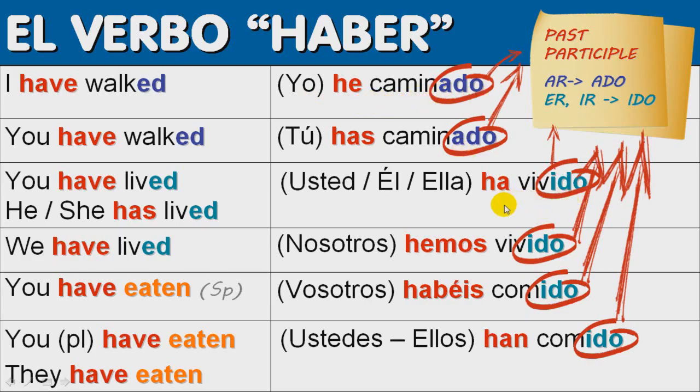If it finishes in ER-IR, we'll add ido. And have is not translated as tener because after all we are not talking about possession, it's actually the verb haber. So it's very important to remember these different conjugations. Yo he, tú has, usted, él, ella ha, nosotros hemos, vosotros habéis, if you are interested in the Spanish from Spain, ustedes o ellos han.